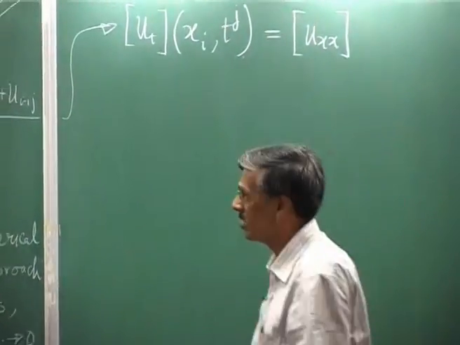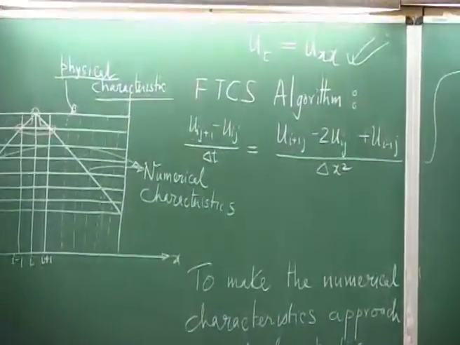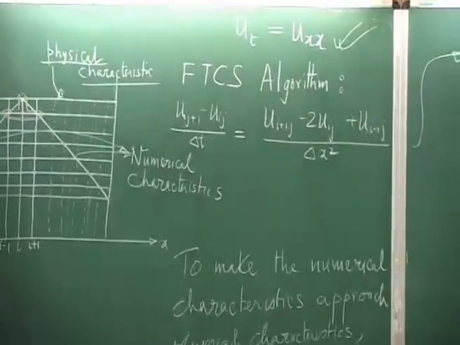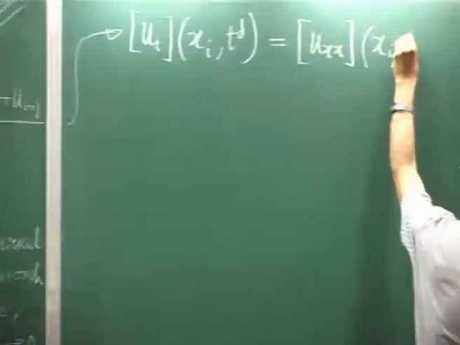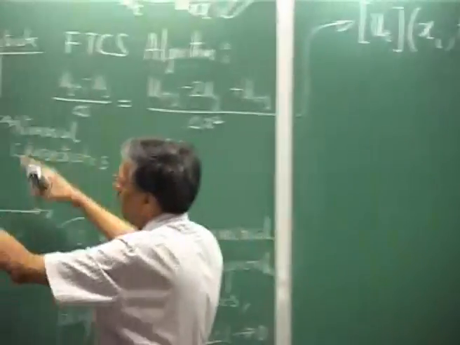Now, Uxx is evaluated at what level? At the jth level also, right. So that is also written for the ith node, and as a consequence we add this wedge.